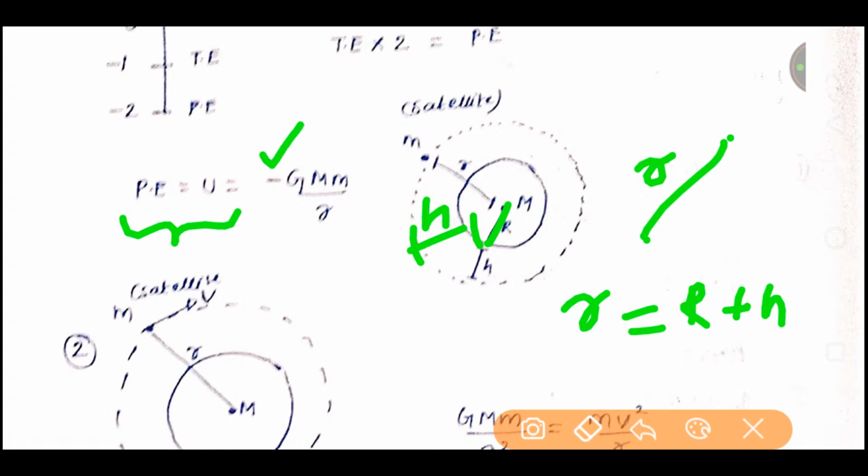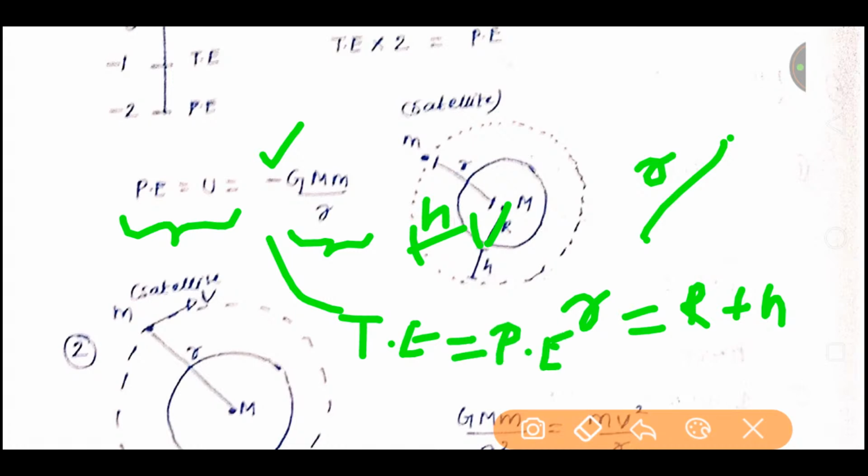Minus should be there in gravitation. So minus G M m by the distance between them, small r. Now how can you find total energy from this? How do we establish a relation between total energy and potential energy? Total energy is equal to potential energy by 2. How to get it? You remember this scale.